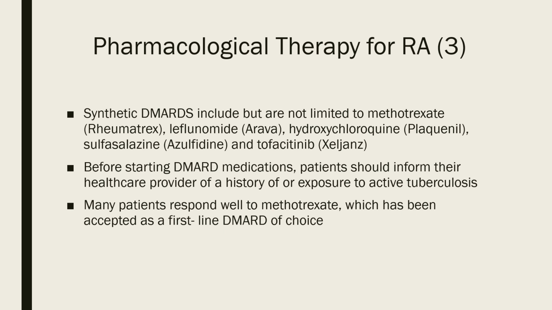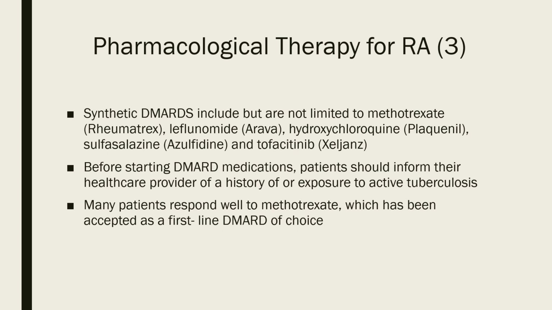Synthetic DMARDs will include, but are not limited to, methotrexate, Arava, Plaquenil, Azulfidine, and Xeljanz. So before starting DMARD medications, patients should inform their healthcare provider of a history of or exposure to tuberculosis.